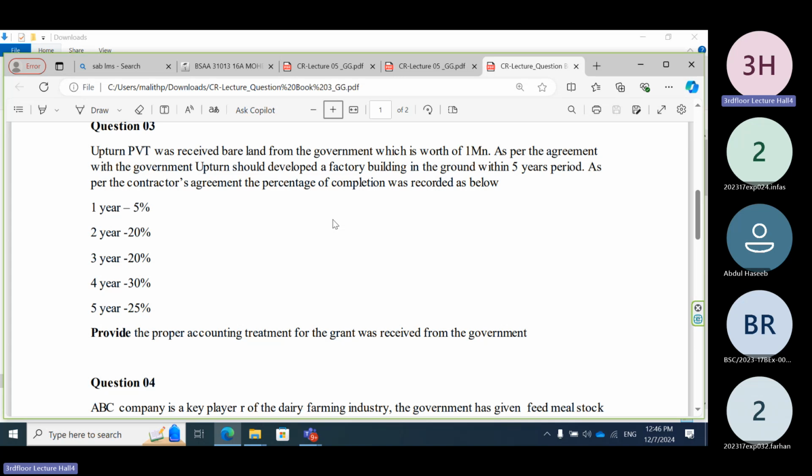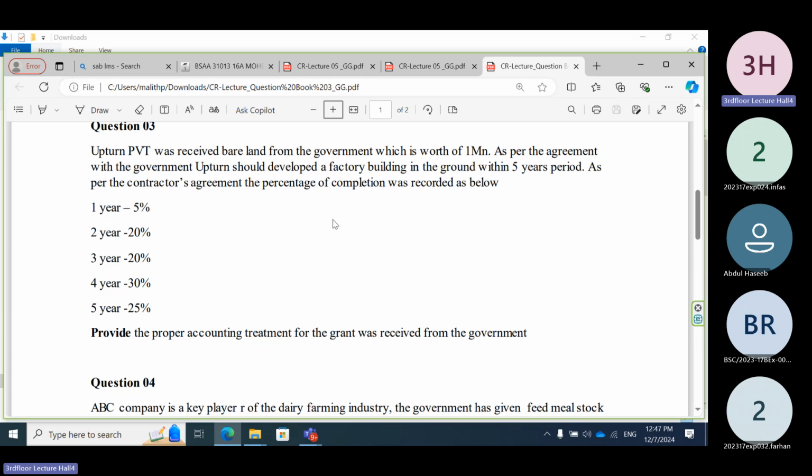of completion. So can you recognize in the first year 1 million debit to land account, 1 million debit to P&L? Can't recognize like this.